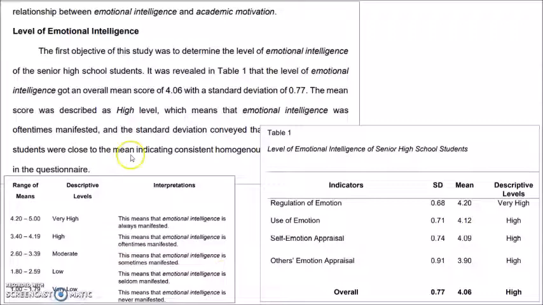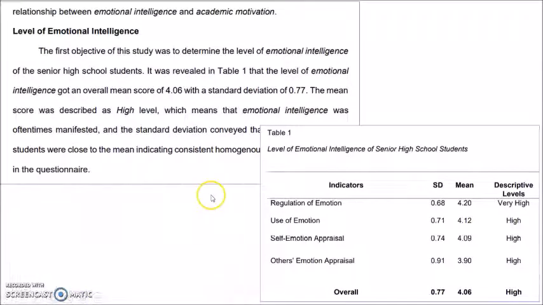So, ano ba ibig sabihin ng high? Interpretation tayo ng high. This means that the emotional intelligence is oftentimes manifested. So, dito siya galing. So, if your descriptive level is very high, so ito yung gagamitin. Always manifested. If it's very low, ito naman. Okay? Balik tayo.